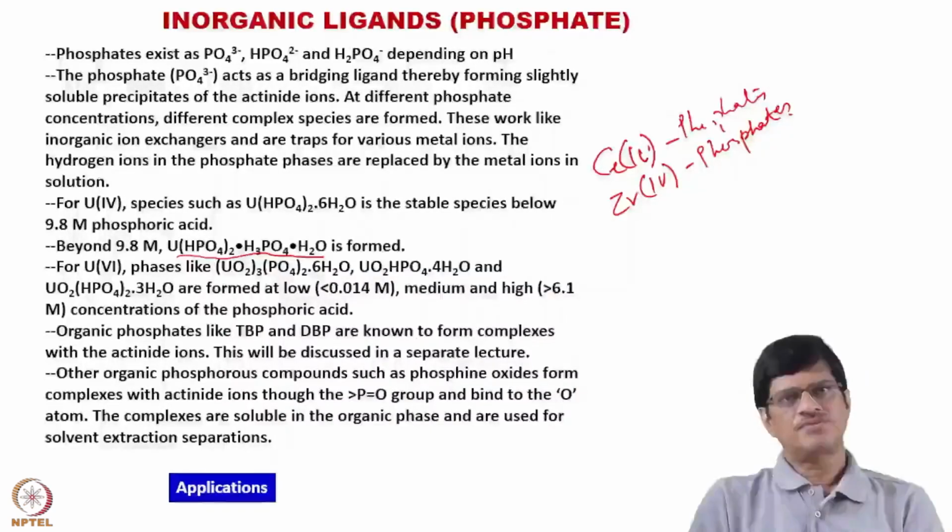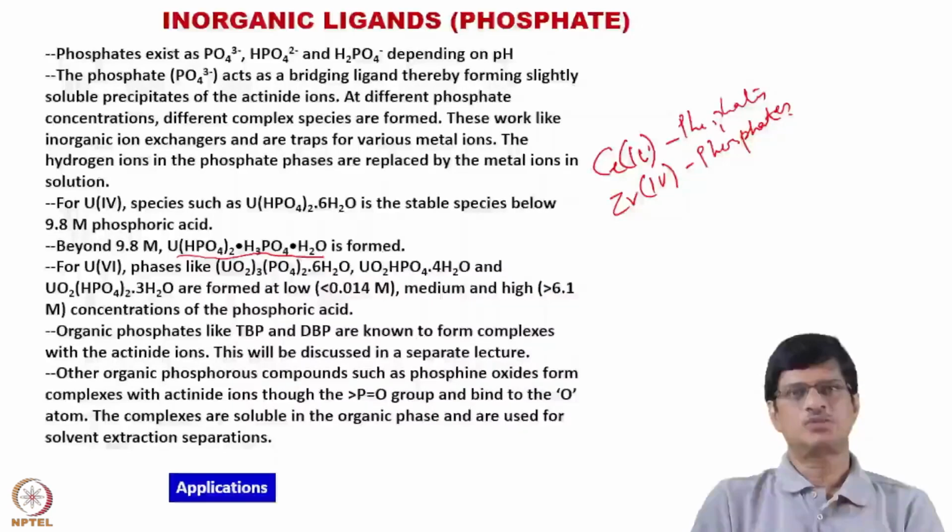For uranium 6, phases like (UO2)3(PO4)2·6H2O, UO2HPO4·4H2O, and UO2(H2PO4)2·3H2O are formed at low concentrations of phosphoric acid. Medium concentration, and now low means here less than 0.014 molar, and high means greater than 6.1 molar concentrations of phosphoric acid.